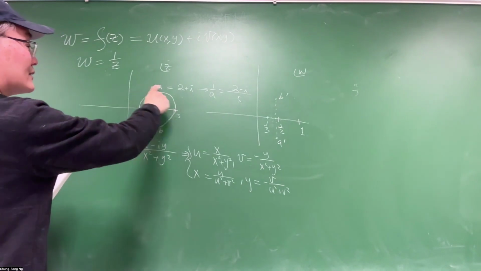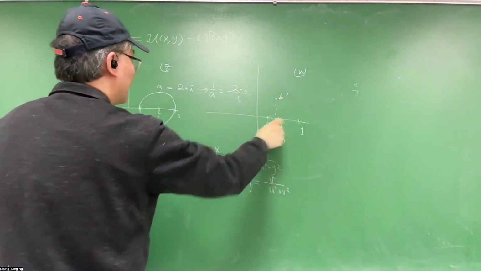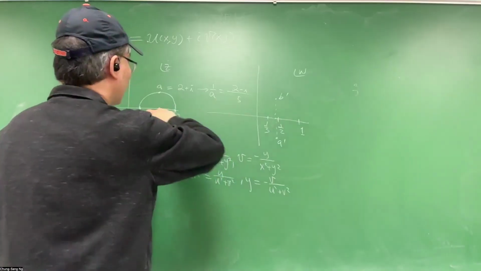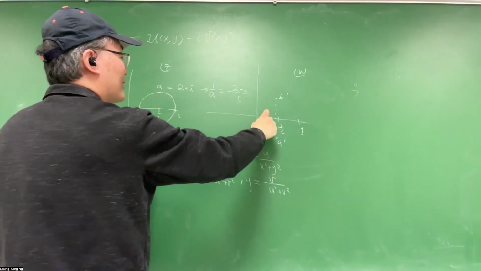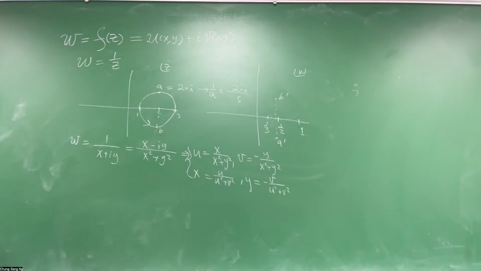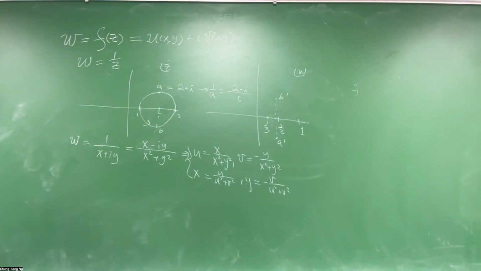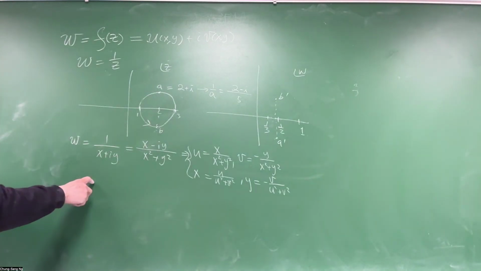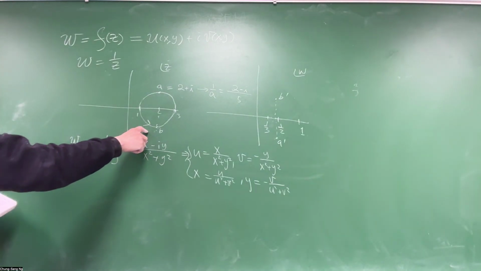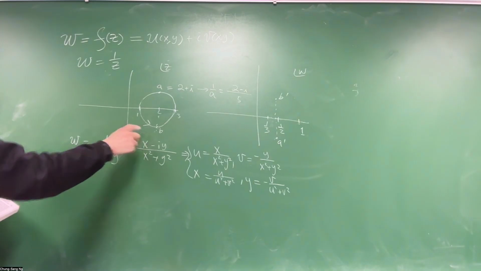Now, obviously we have this specific point and you know the mapping. This curve will map to specific points, but to see the equation of the curve, you need to do a little bit of transformation.